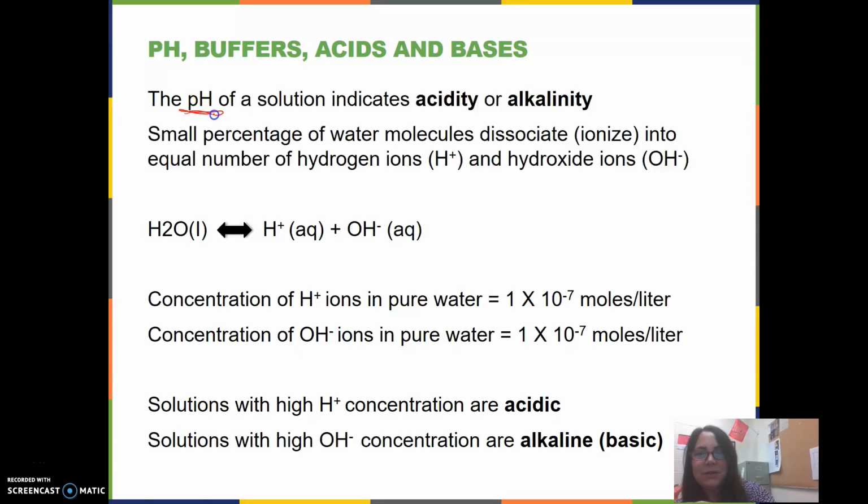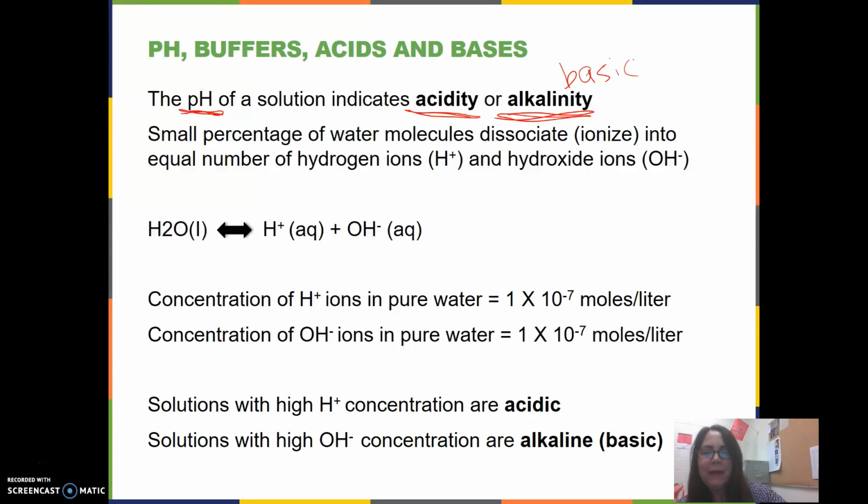And pH is a measurement of the acidity or basicity, which we don't use that word. We use the word alkalinity. Alkalinity is the word that refers to whenever a solution is basic versus acidic. So pH is measured by the concentration of hydrogen ions in a solution.